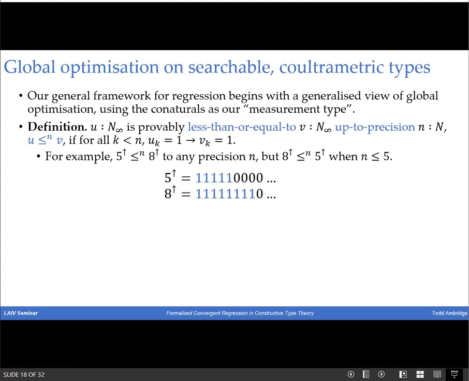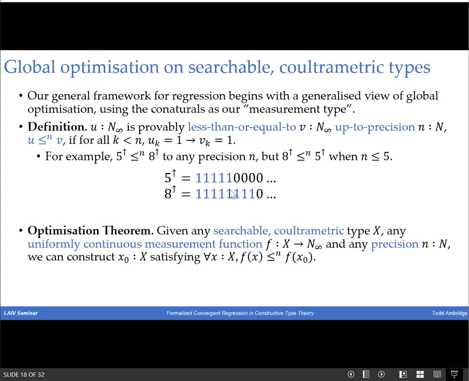We need a finite amount of information. So for example, 5 is obviously less than 8 to any degree of precision, but 8 is less than 5 if we look at a small number of degrees of precision, because it will only compare a finite prefix of these sequences.